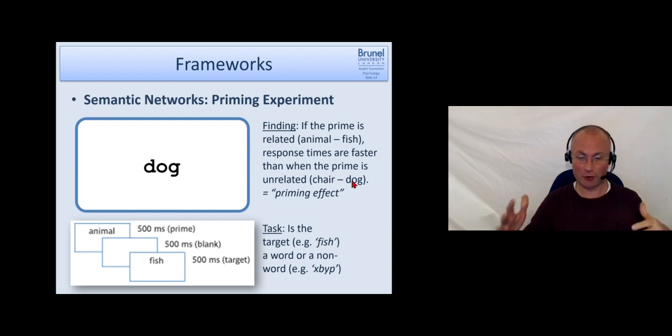And when you do this in many different combinations and many different pairs of words, you see that this is a consistent effect, and this is the priming effect. So the prime, which we are asked to ignore, affects our response times to the target. If it's related, we are faster. If it's not related, we are not faster.